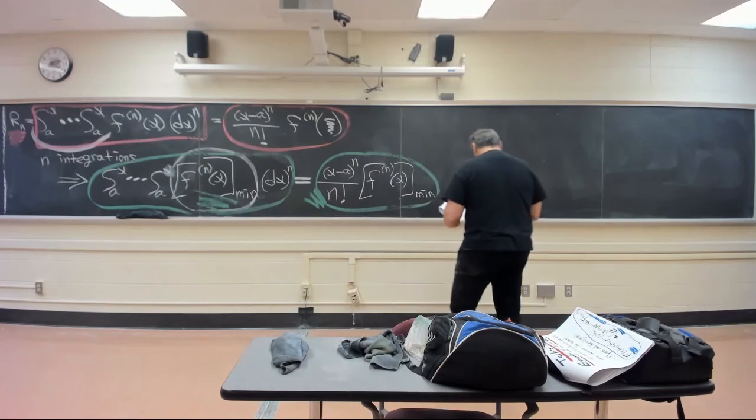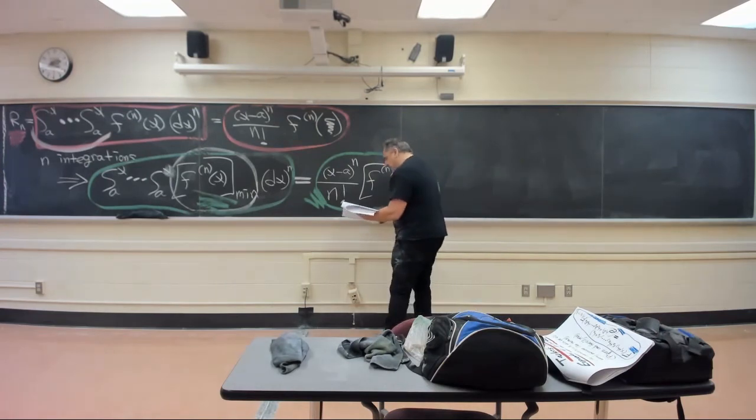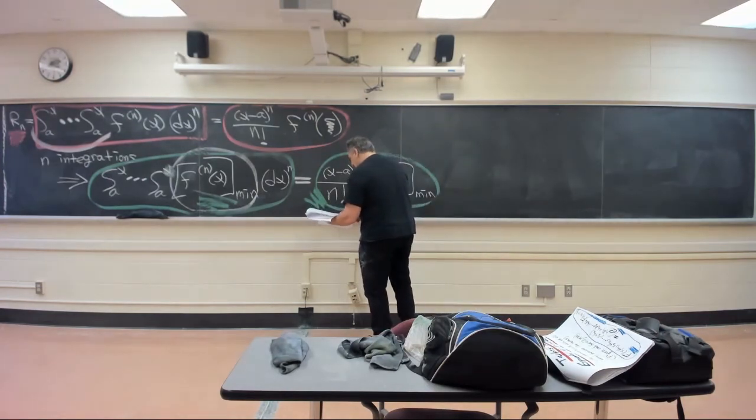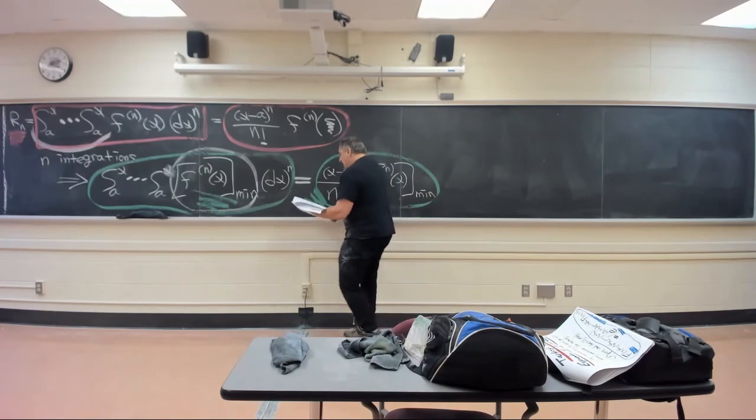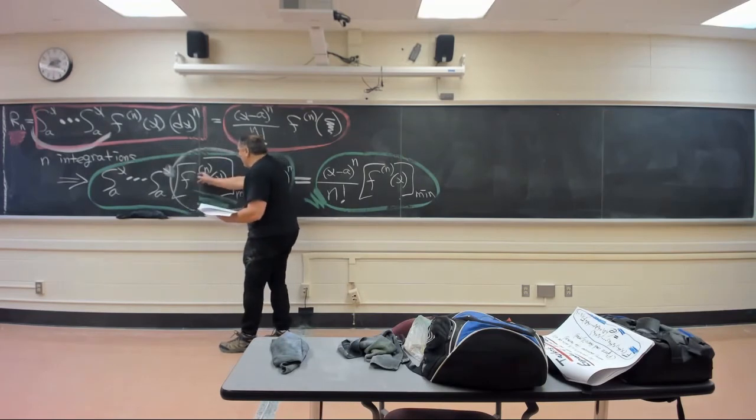Now what? This is the minimum value possible for the multiple integration, because the nth derivative of f at x min is the minimum possible value.